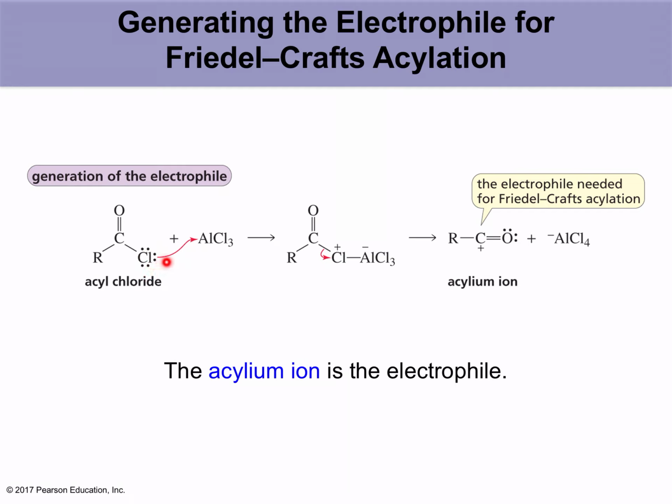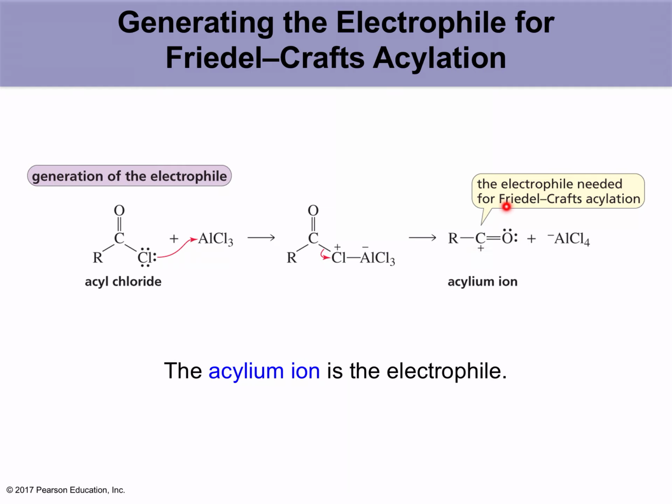Okay, so this is going to give one of its lone pairs to the aluminum and form a bond. Now the aluminum has 4 bonds. That will give aluminum a formal charge of -1 and chlorine would be positively charged. So when this happens, the carbon-chlorine bond breaks and generates the acylium ion.